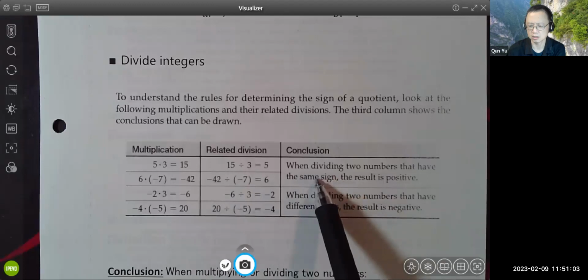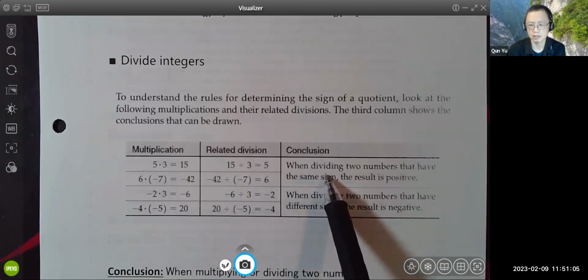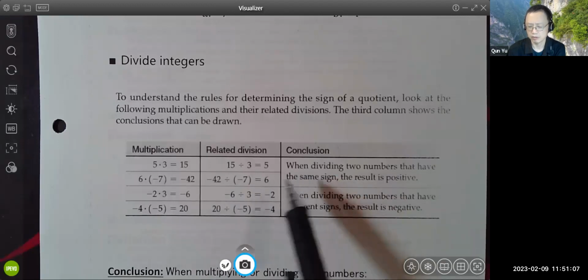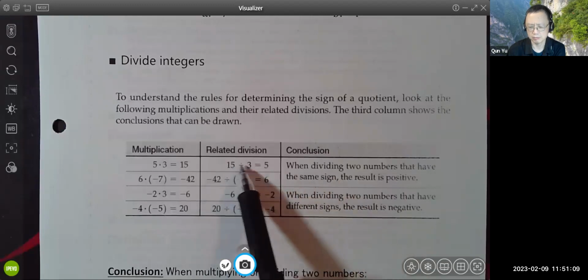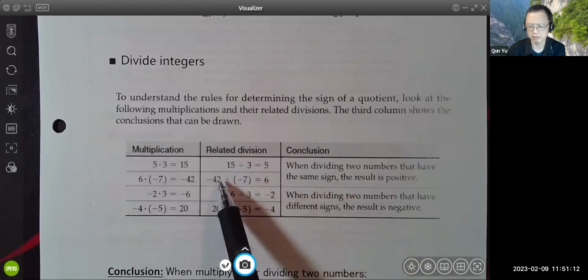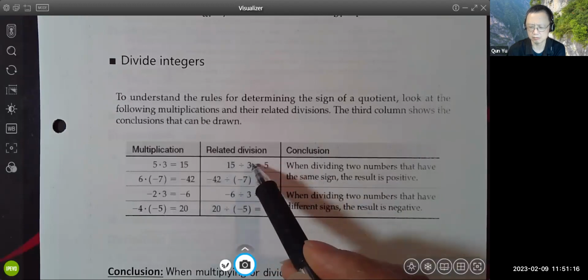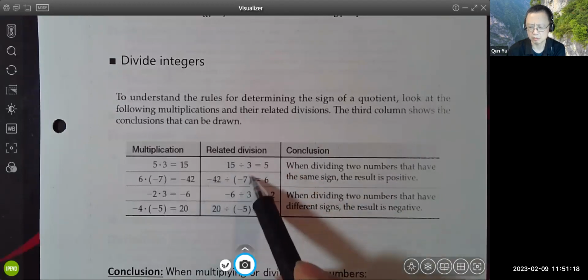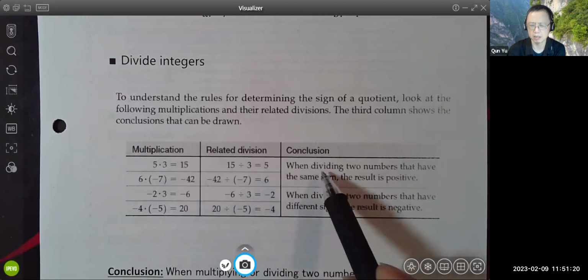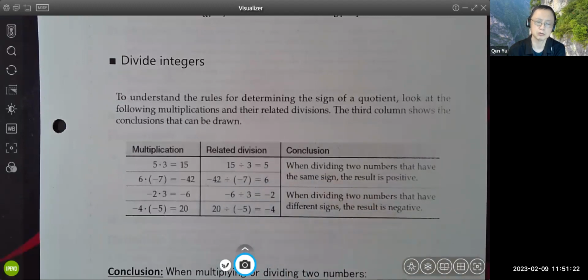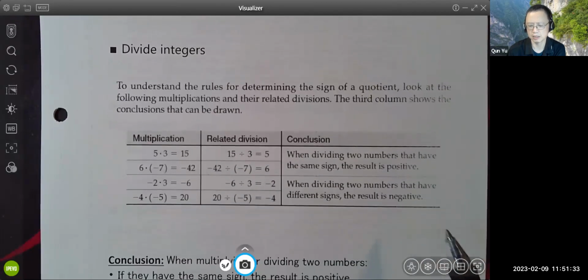So the conclusion is that when you do division, and whenever the two numbers involved have the same sign, no matter whether both are positive or both are negative, the result is positive. Just like in multiplication, when two numbers are both positive or both negative, the result is positive. So they basically have the same rule.